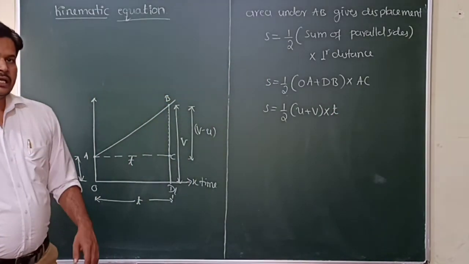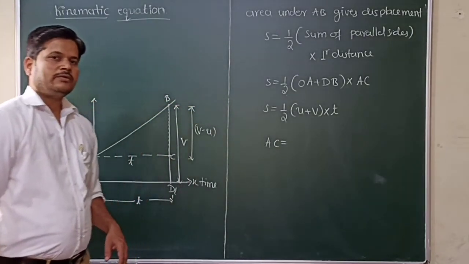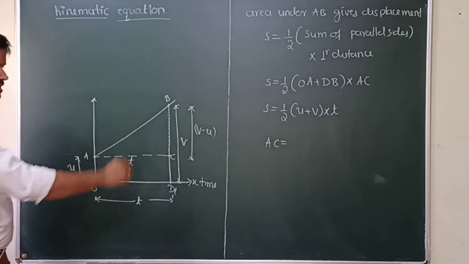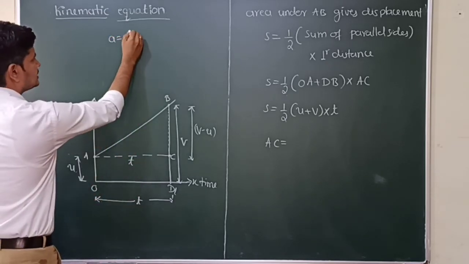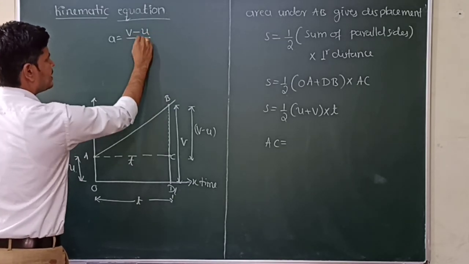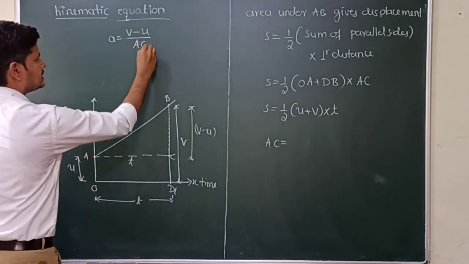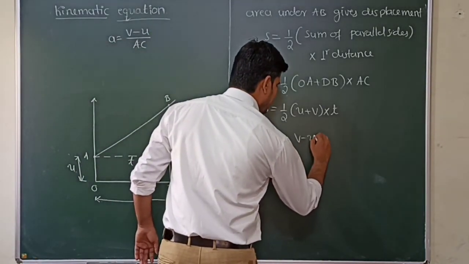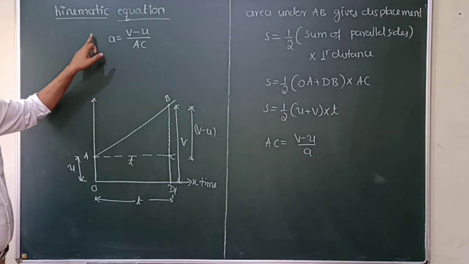In the previous derivation, we discussed that acceleration a is equal to the change in velocity divided by time, that is acceleration is equal to v minus u divided by t. Correct? t is what here? AC. Can we rearrange this as t equals v minus u divided by acceleration? I have just taken this t to here and a to here.